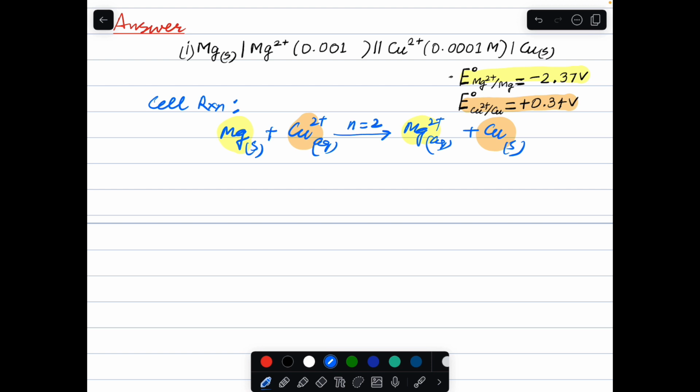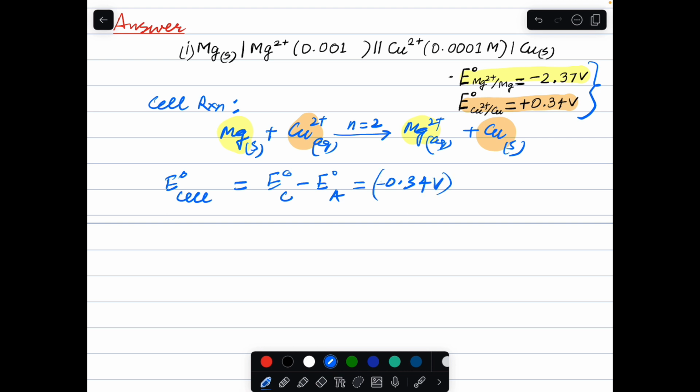So for writing the Nernst equation, we should know the standard cell potential, that is E naught cell. This we will find out with the help of the values given to us. So E naught cell is equal to E naught cathode minus E naught anode, or E naught reduction minus E naught oxidation. So here, the reduction value, that is the orange one, is 0.34 volt, plus value.